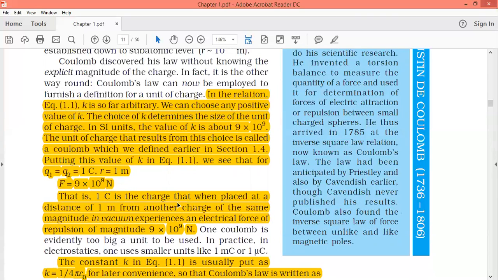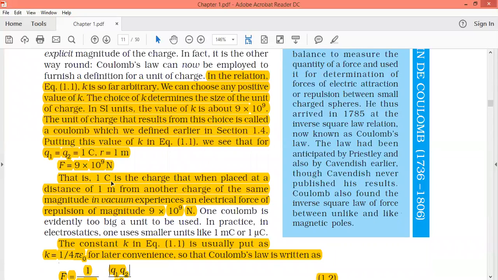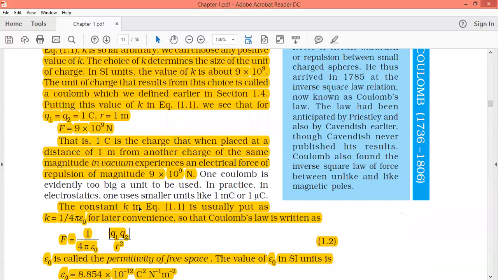Okay, so this is very large. 1 Coulomb is very large. That is why whenever we are discussing electrostatics, we have to use very small values like 1 millicoulomb or 1 microcoulomb like that. So the constant K in the equation is usually put as 1 by 4 pi epsilon naught.